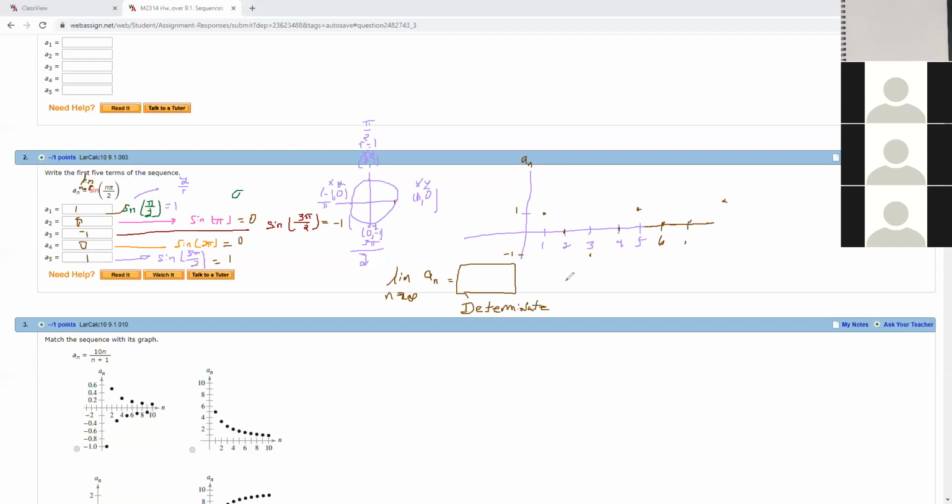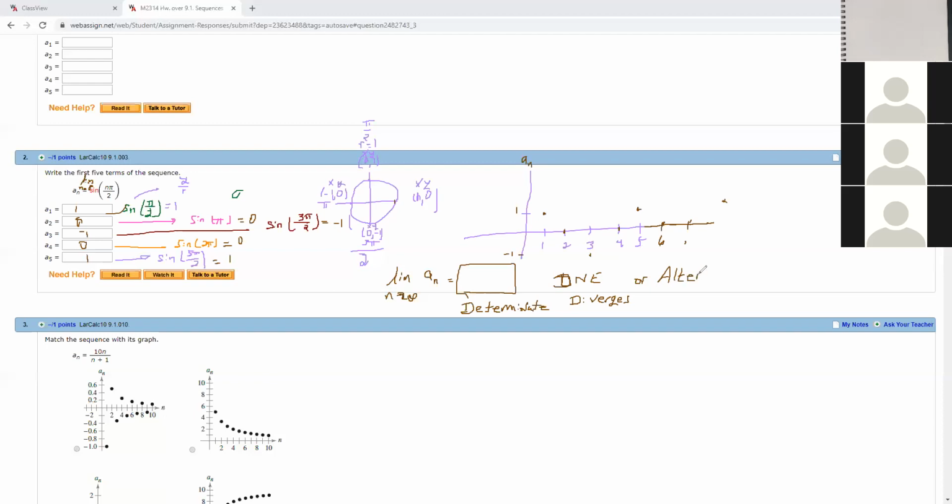Does not exist. What's another way of saying the limit does not exist? Diverges. Good. And what's more specific than just saying diverges or does not exist? Which one of the 3 possibilities is it? It's because of the oscillating, or what do they like to use more when they're just terms of a sequence?